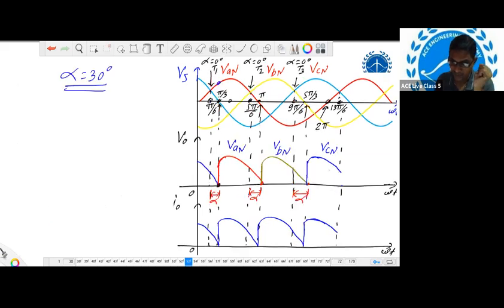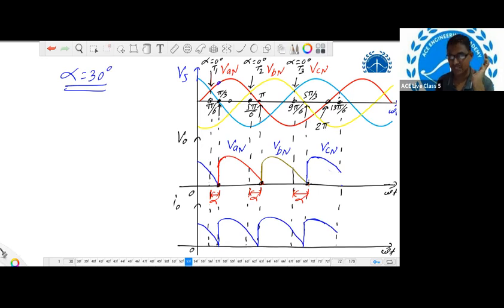Similarly, we apply the gate pulse to T2 at pi radian, and to T3 at 5 pi by 3 radian.